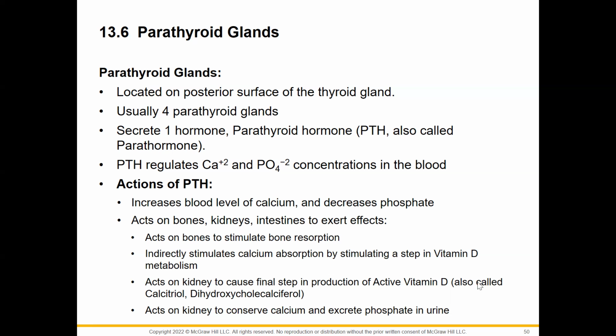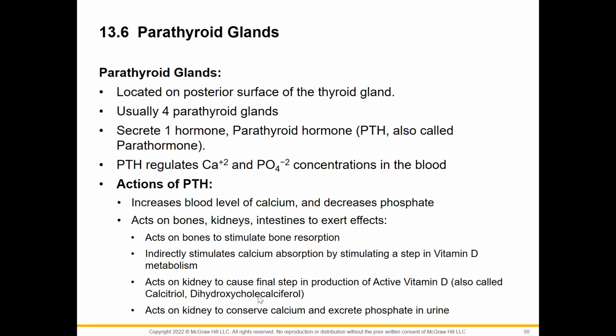All right. And that final most active form of vitamin D is called calcitriol. It's also called dihydroxycholecalciferol. Remember, anytime you have these super long words in biology and anatomy and science, it's always a bunch of word parts, so make sure that you are paying attention to that.